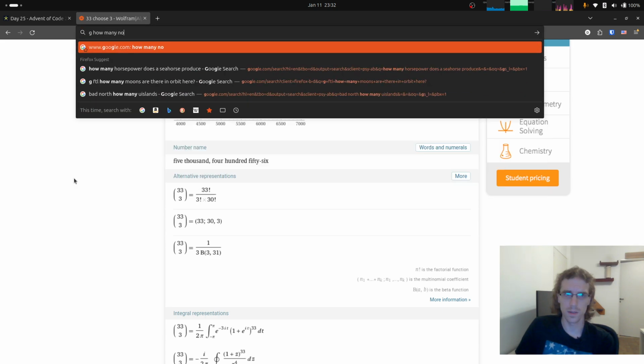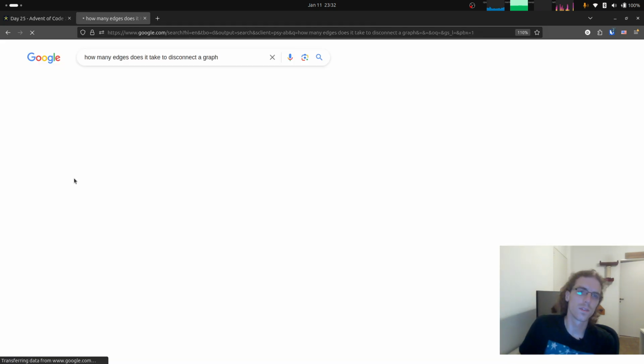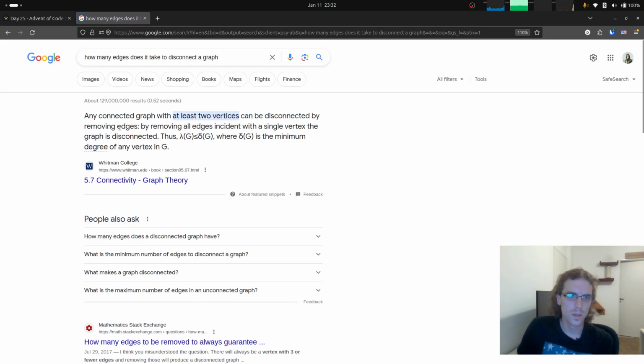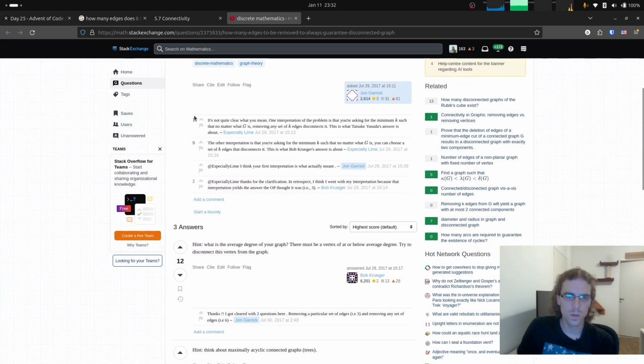How many nodes or edges does it take to disconnect a graph? Very explicit, connectivity in graph theory. Look at that. To be removed to always guarantee a disconnected graph.